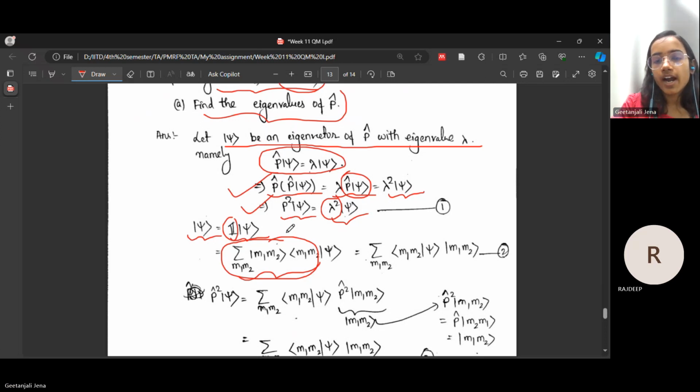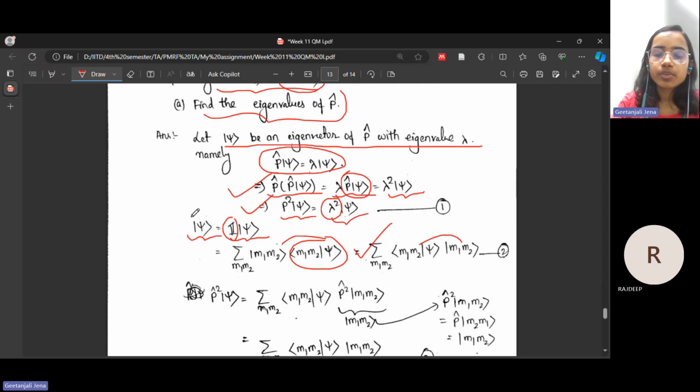So I have added one identity here, and I have expressed the identity in terms of m1 and m2. Now if you rearrange this, this one is a coefficient, right? So I have kept this coefficient here and taken out these eigenvalues here. So this is the expression for psi in terms of the uncoupled eigenbasis, and these are nothing but the CG coefficients.